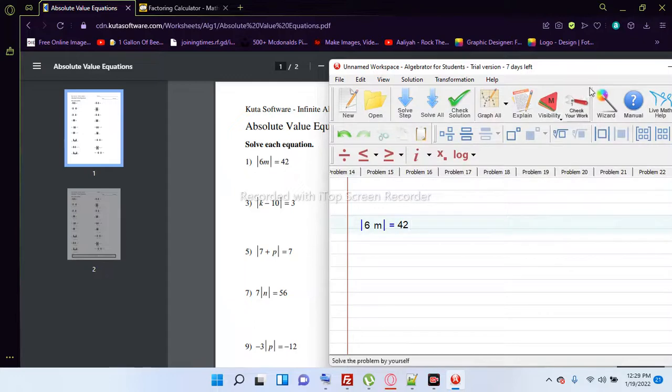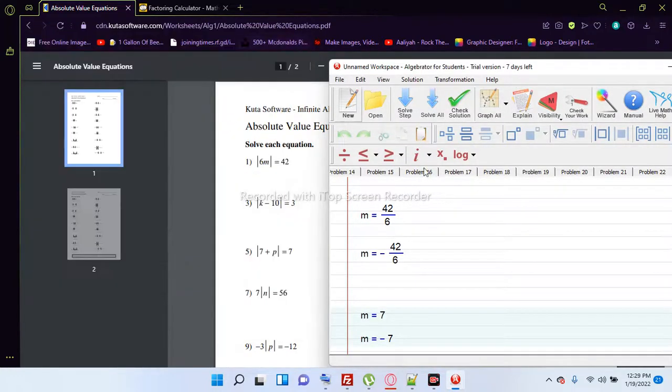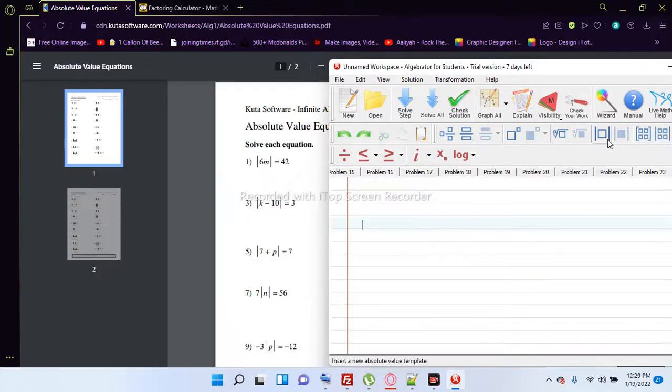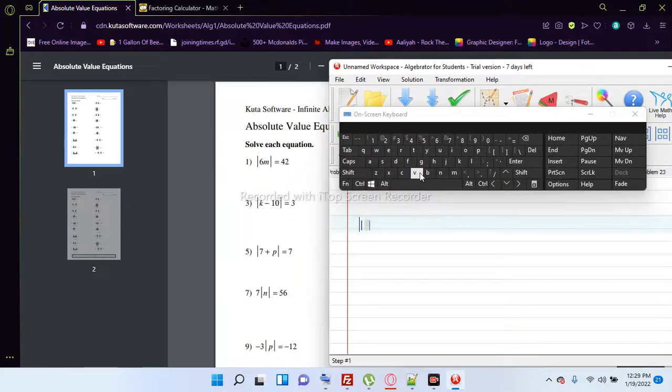Now before we go all crazy with it, no, we don't want to solve it like that. So we go back. Go new again. We're gonna pick that again. 6m, outside equals 42.